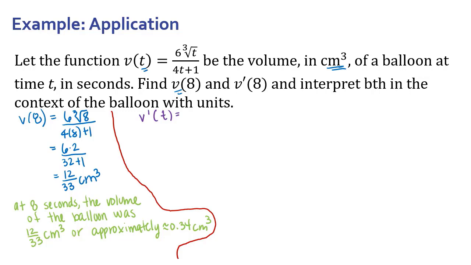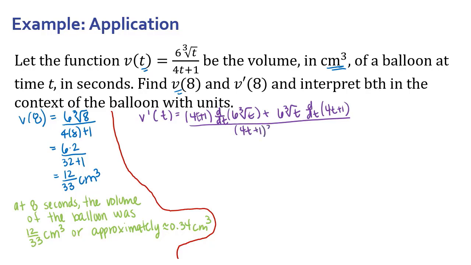So it's going to be the denominator times the derivative of the numerator plus the numerator times the derivative of that denominator, all over that denominator squared.